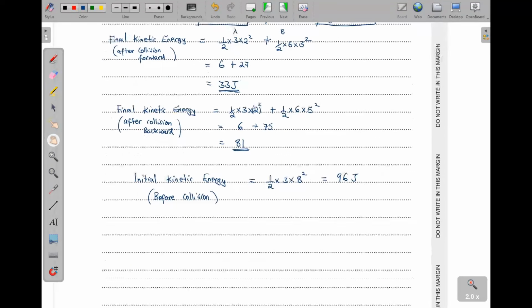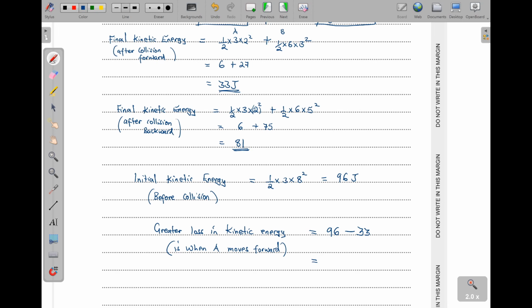So the greater of the two has to be the greater loss in kinetic energy, which is when A moves forward, because you can see that 96 is farther from the 33 than this 81. So when we subtract these, we shall get 63 joules.